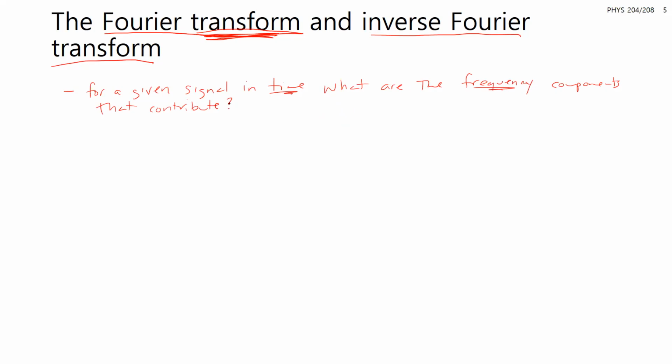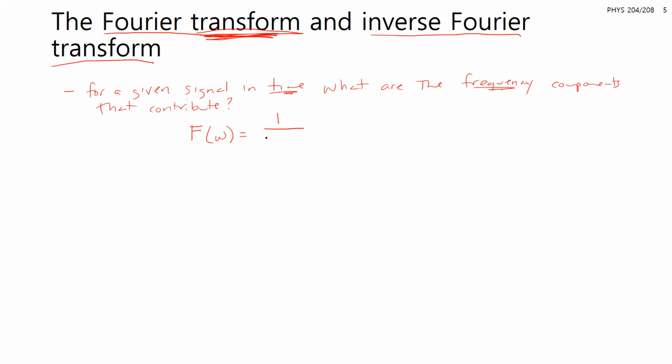That's what a Fourier transform is trying to answer. So to find the frequency components, we're going to represent that with capital F omega. That's the function that we're trying to find that represents the frequency components that are there.